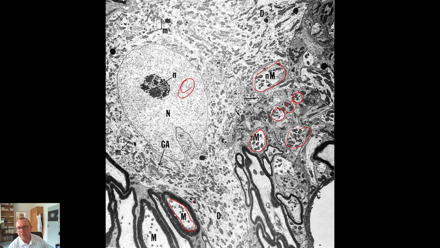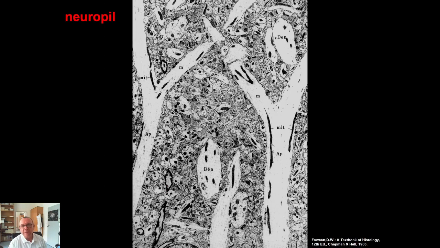Myelinated axons are well recognizable because they have this dark, in electron microscopy very electron dense, myelin sheath. You know that the myelin sheath is composed of several layers of a membrane which is electron dense, so the picture isn't surprising here. And it is a picture of neuropil.